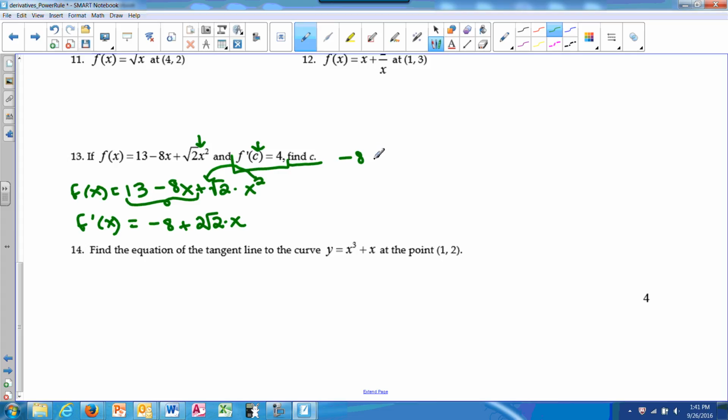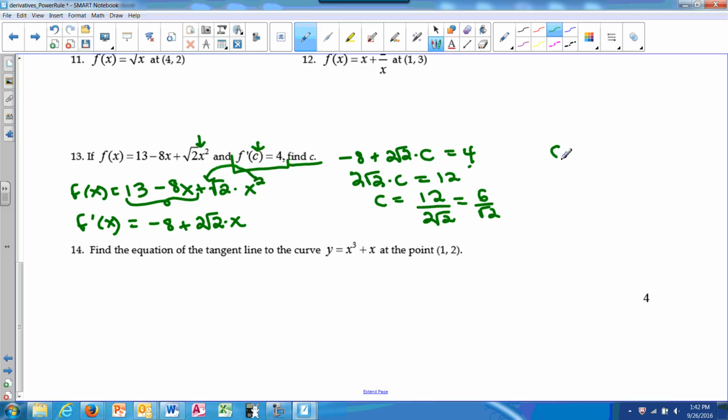Okay, so we'll do the last two together as well. Now, notice this one, we're not putting 4 in. We're setting the derivative equal to 4. So first I'm going to rewrite my equation. 13 minus 8x plus, notice that this square root is not over the x squared.